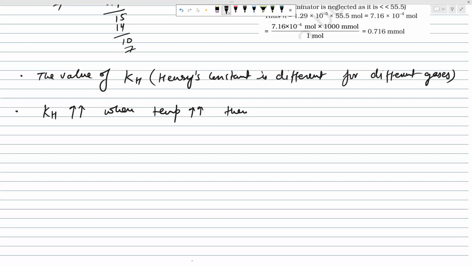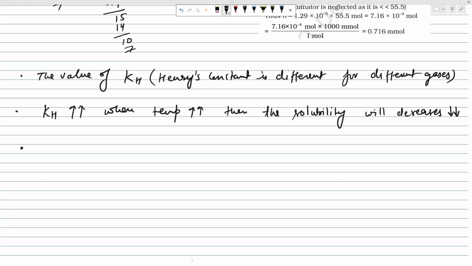And we will simply say that those gases which have more force of attraction are more soluble than those gases which have less force of attraction between their particles.